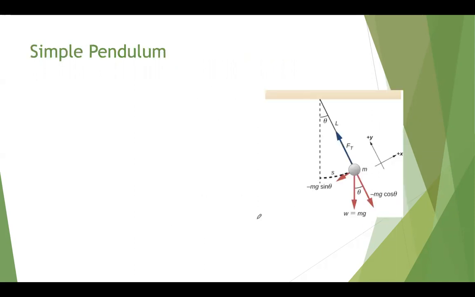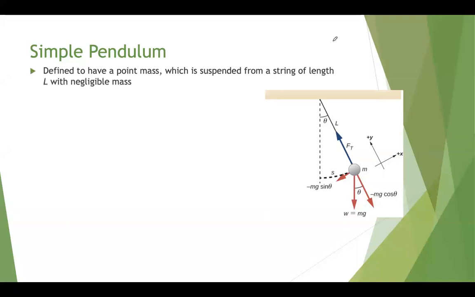All right, so moving on to the simple pendulum. The main idea of a simple pendulum is to have a point mass, like in this figure, suspended from a string of length L, which is from this point to that point, with negligible mass. So we don't care about the mass of the string.